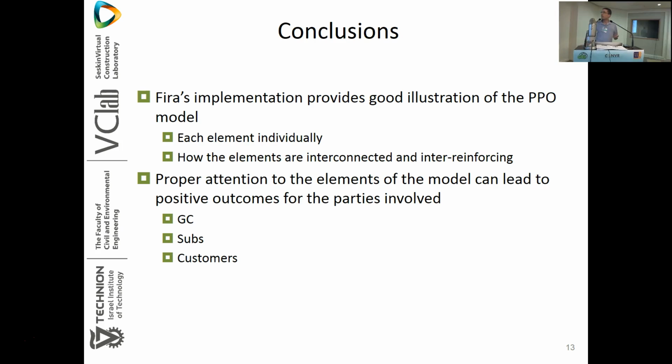So really, to conclude, I think the implementation at Fira is a good illustration of the model, because by addressing each of the elements, they've been able to have significant improvements. Like I said, the standard in the market is 13 weeks of customer move out to do the refurbishment.